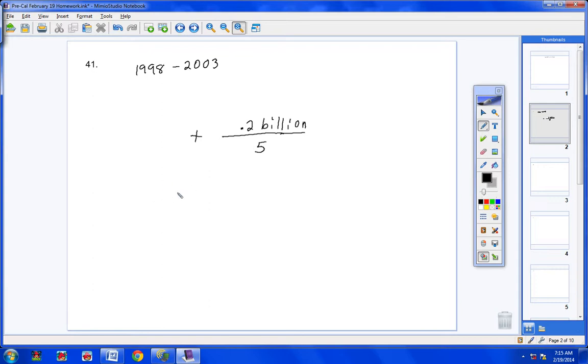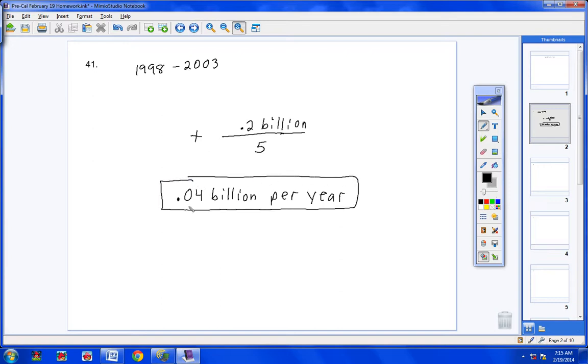So the rate of change is 0.04 billion per year. There it is. Because the total increase over 5 years was 0.2, divide that total increase by 5, and you will get 0.04 billion per year. Okay? Let's take a look at number 43.